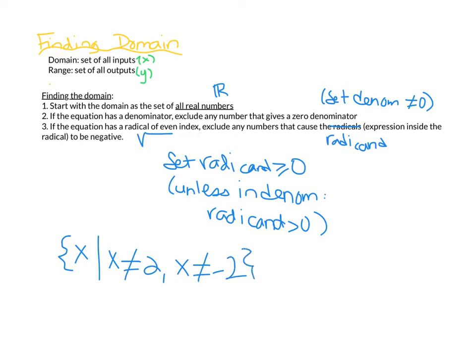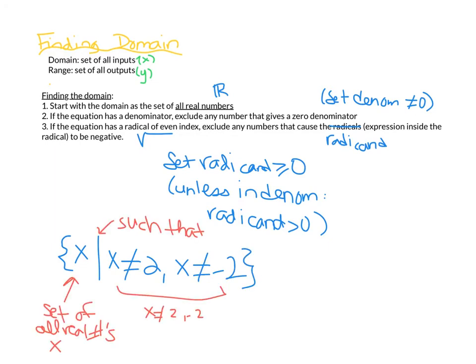So if you see something like that, this means the set of all real numbers x, that's that first part. The line means such that, and then we just have x is not equal to 2, x is not equal to negative 2. So this is read as the set of all real numbers x such that x is not equal to 2 and x is not equal to negative 2. So that's the notation that you'll see frequently. Lots of different ways to write these though.